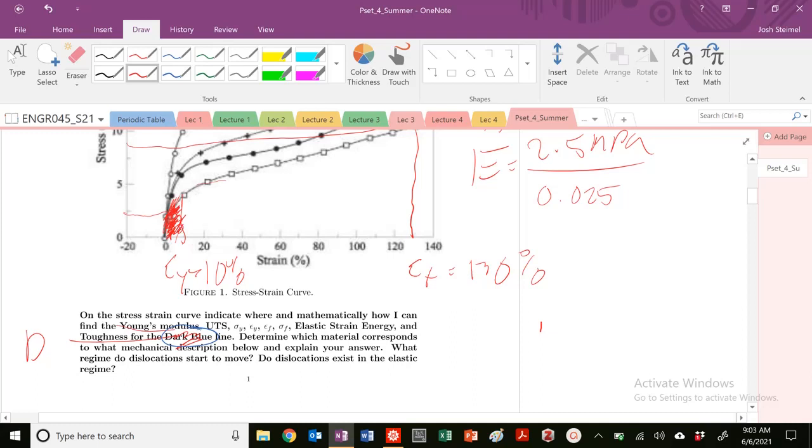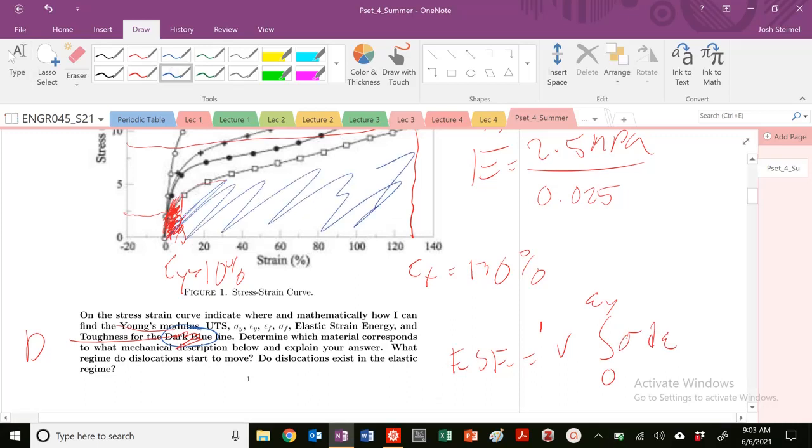To calculate the elastic ESE, it's equal to the volume times the integral from 0 to sigma y of stress dE. The same thing for toughness: toughness would be the entire area of the curve times the volume, so the same equation except we switch to the strain at failure.